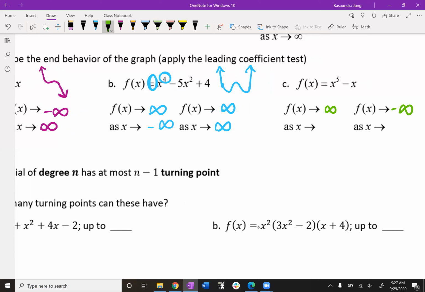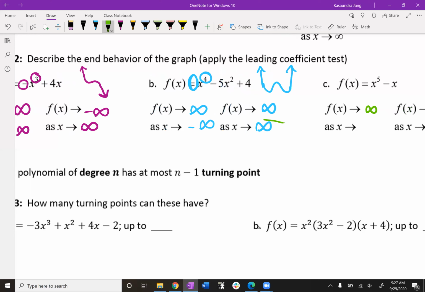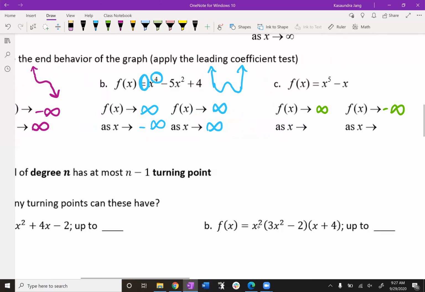What do you do for your x's? Where are your x's going? On these ones, I had to say if the x's were going to negative infinity or positive infinity, like if my x's are going to the left or the right. They're going to negative and positive infinity.